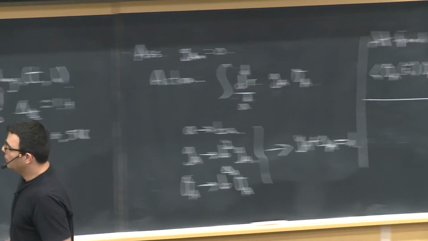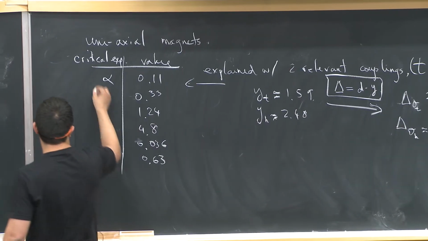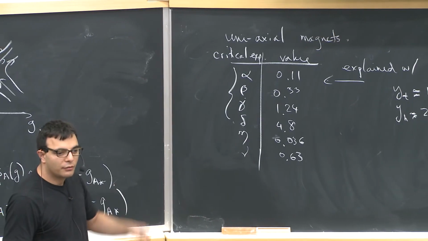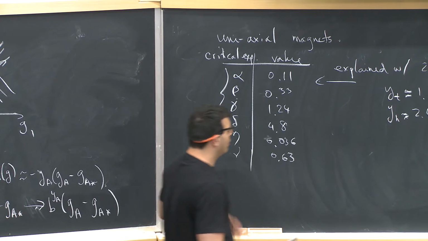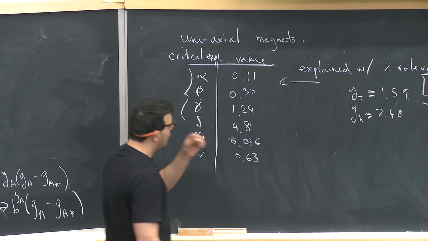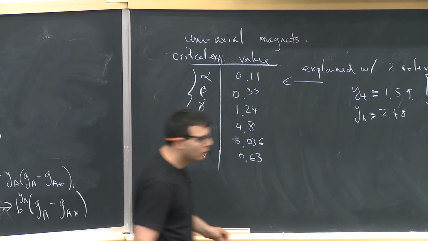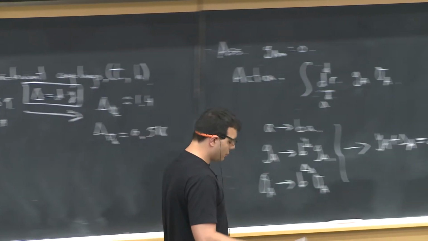So last time I explained to you how to get these values of the critical exponents from the scaling of the free energy or the magnetization with B, but I didn't explain how to get these two. So let me do that very briefly.